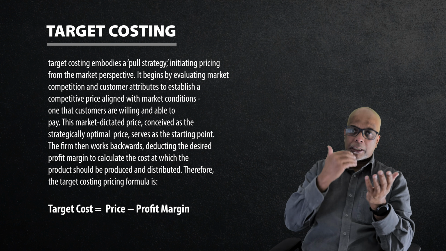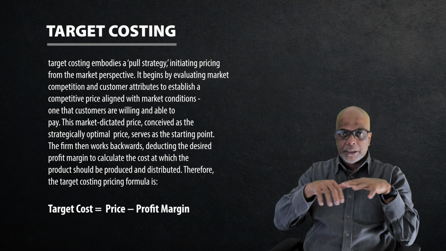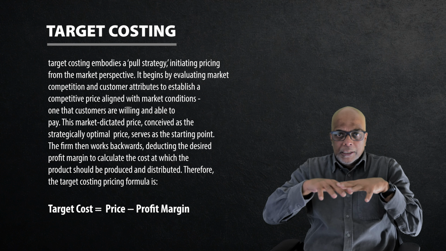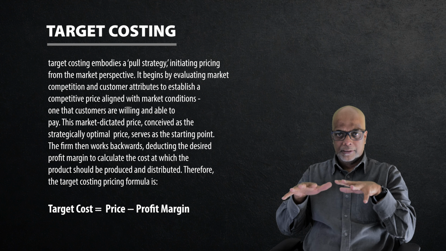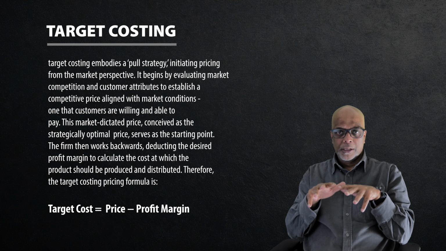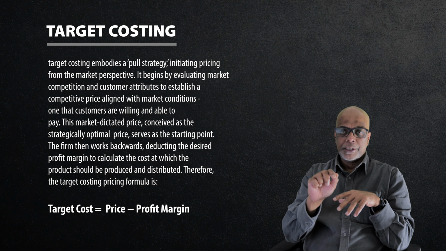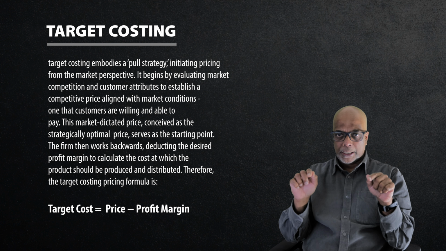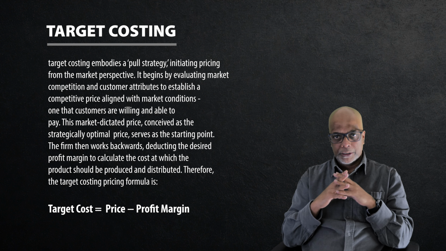Now, when it comes to target pricing, we start from the market. So our marketing managers and the market surveyors and our strategic managers will first survey the market, understand the market, analyze the market, and then decide the price at which, in this particular market or the market segment that we have to deal with.